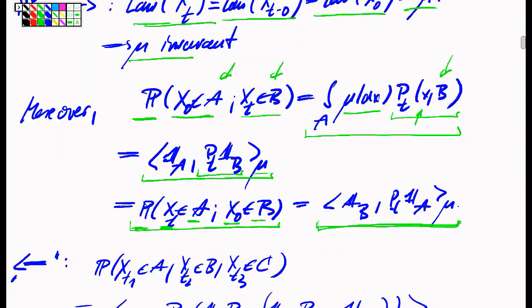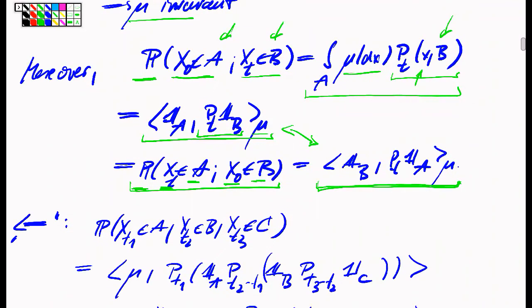And now, since the two probabilities are the same by definition of reversibility, we can also conclude, of course, that the two expressions, the two brackets, are the same, which is exactly the claim of symmetry of this operator P_t in this weighted L2 space.